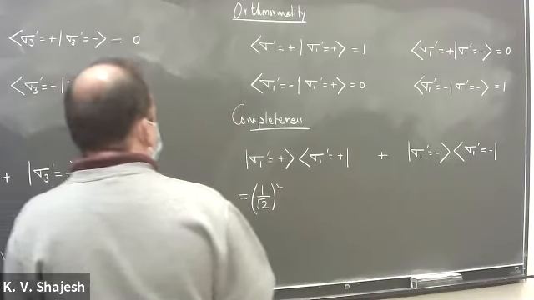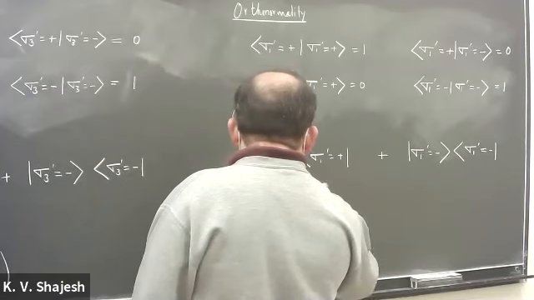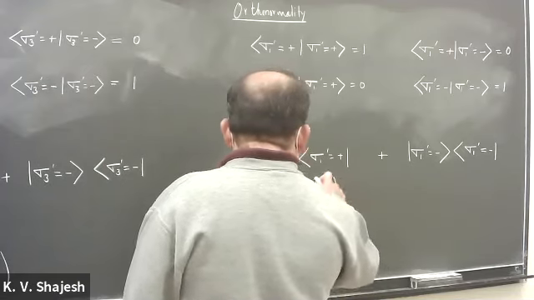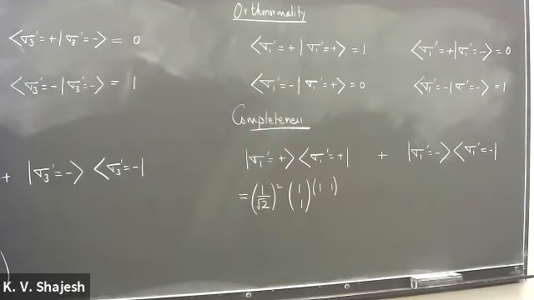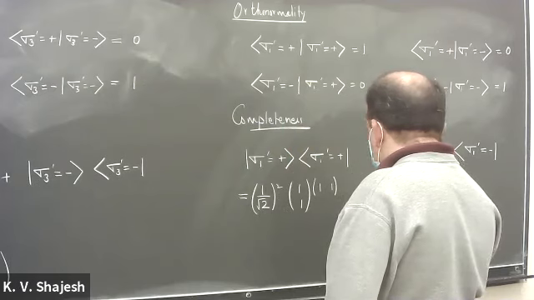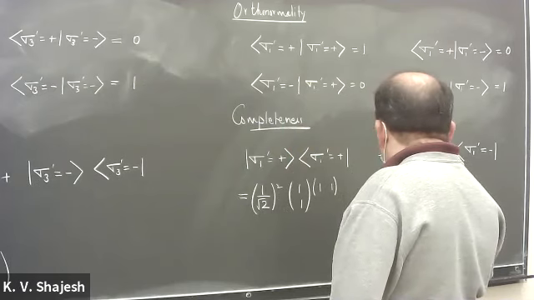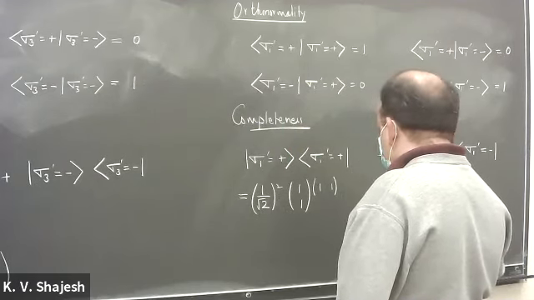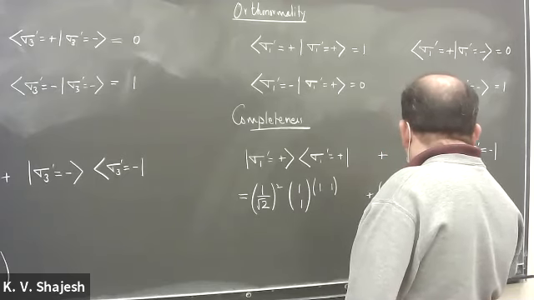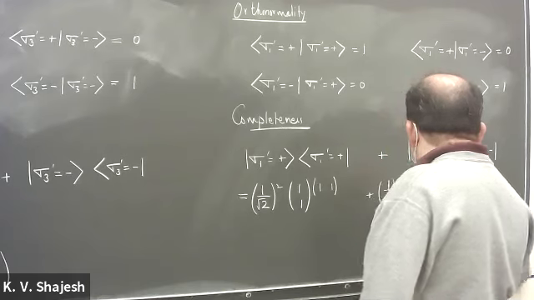And the first one is plus, so it is 1, 1 multiplied by 1, 1. And plus the minus one, with 1 over root 2 squared in front, 1 minus 1 and 1 minus 1.